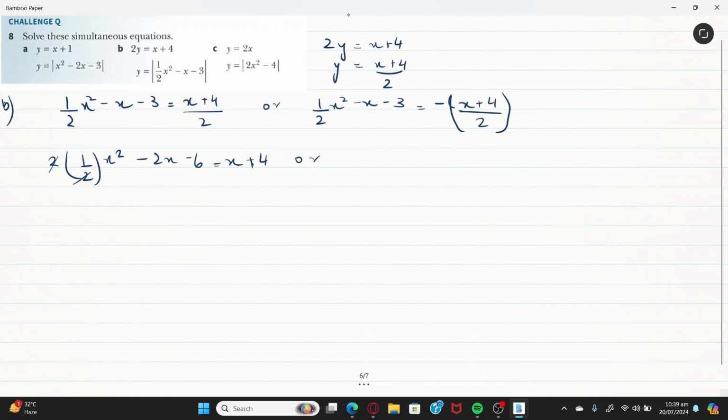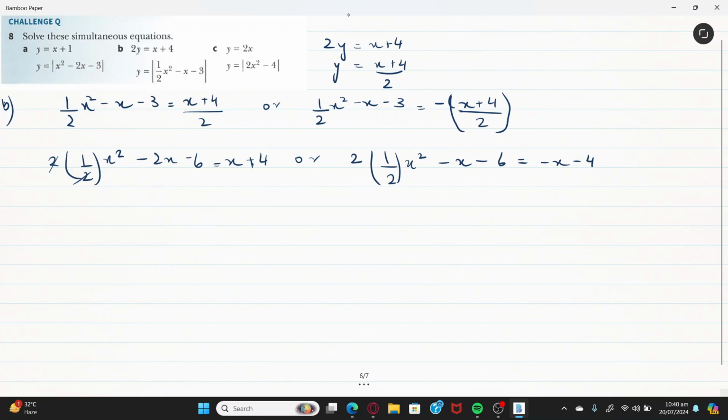However, the 2 is not going to be affected right now, so we are going to take this up here and multiply it with 1 upon 2. So 2 multiplied by 1 upon 2, x squared minus x minus 3, oh sorry, minus 6, is going to be equal to negative x minus 4.